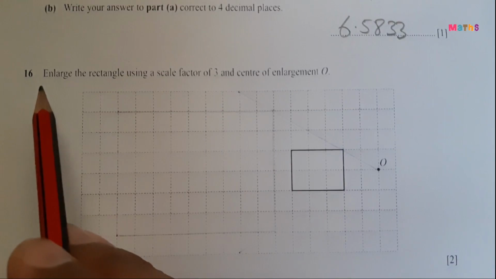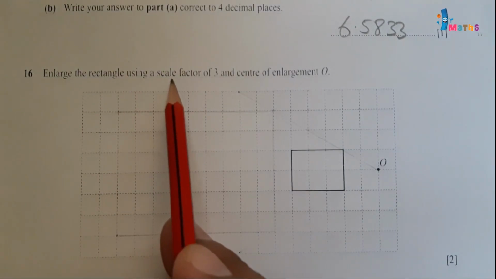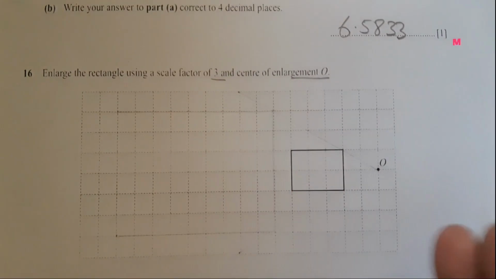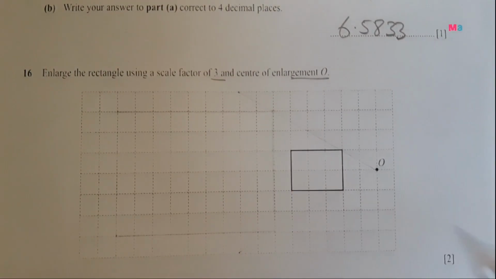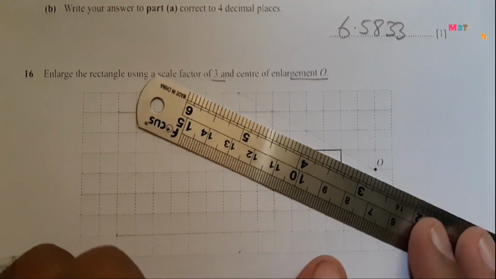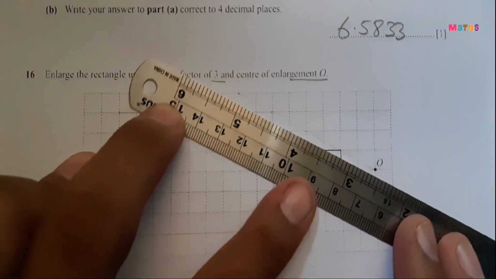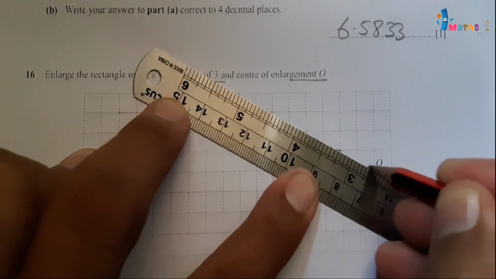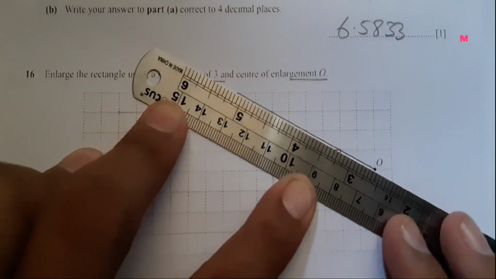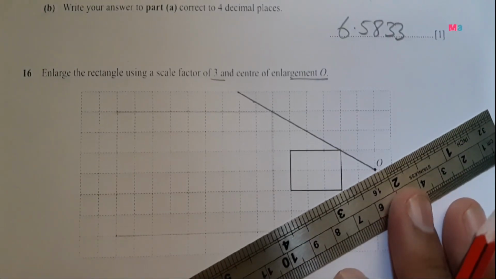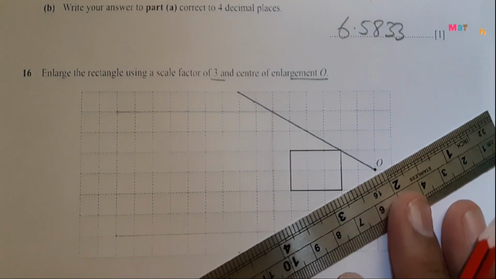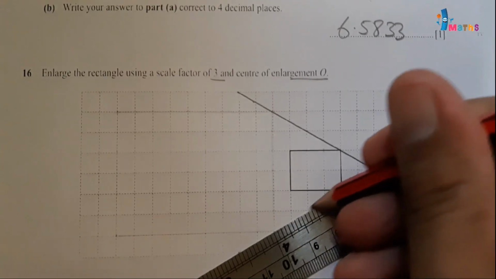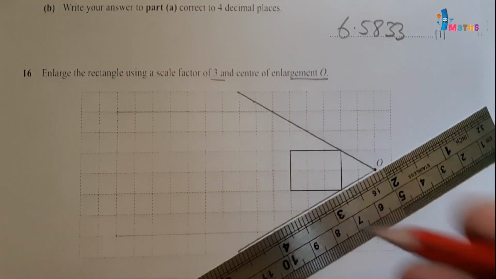Question number 16. Enlarge the rectangle using a scale factor 3 and the center of enlargement is O. This is O, the center of enlargement. We will draw a line touching this corner of the rectangle and the point O. So we will extend this line, and similarly we will extend this line from O to this point touching this side.